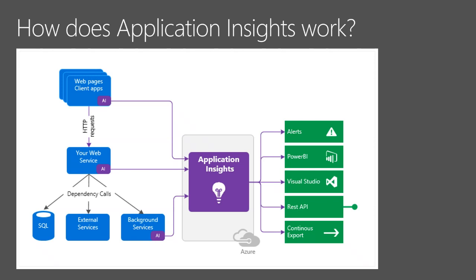That alert could be an email, an SMS, or it could be calling into some kind of workflow like a Logic App to raise some kind of event that is going to be picked up by PagerDuty or ServiceNow or something like that.